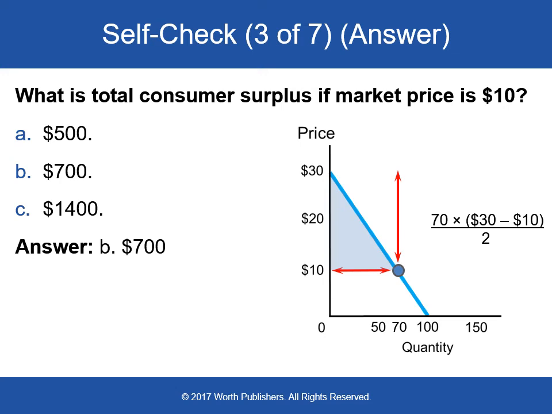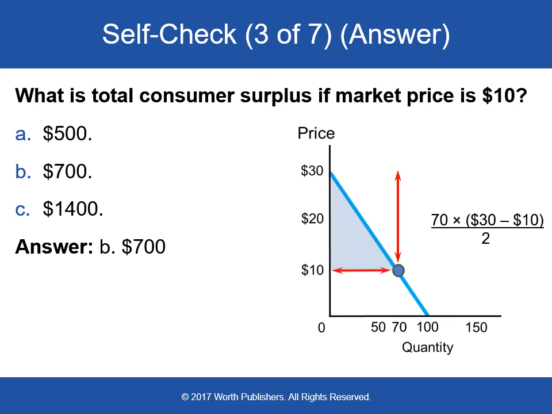And the quantity is 70, so the base is 70. So what you have is a base of 70 multiplied by 30 minus 10, which is 20. So it's 70 by 20, which is 1,400. But remember, you have to divide by 2. So that gives you 700.